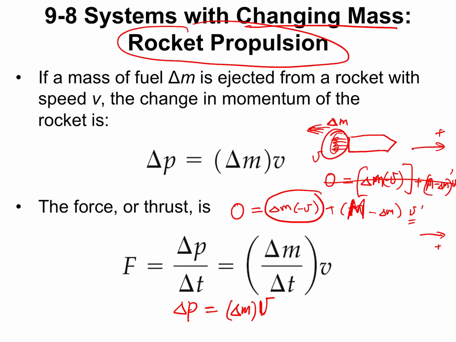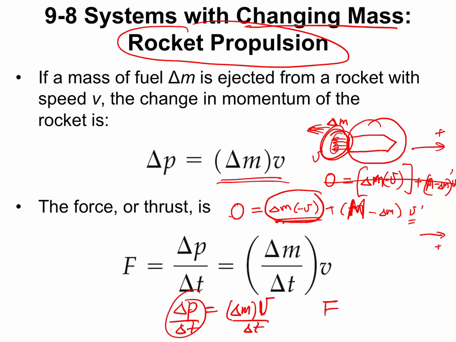Total momentum is 0, so the momentum change for the rest of the rocket is the same as whatever momentum you push out. If you divide by time on both ends, this is the force from the main body of the rocket on this mass, equal to delta m over delta t times v, the speed you push out those masses.